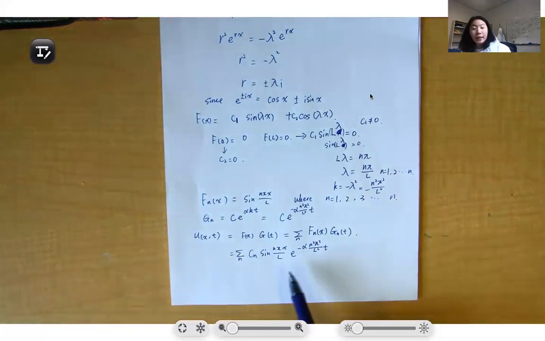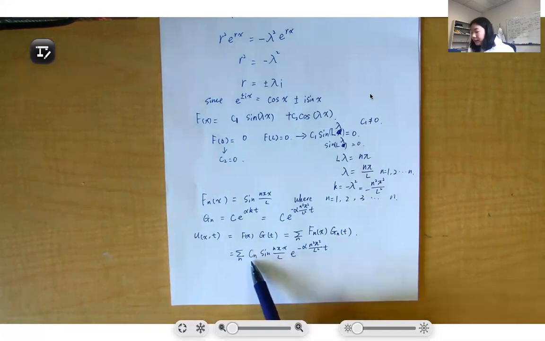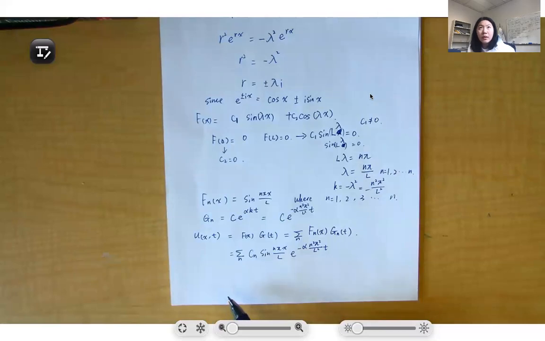And this is the solution as a function of space and as a function of time. But this is not yet the final solution because we still don't know our coefficients. In order to know our coefficients, we have to use some initial or boundary conditions we haven't used before.